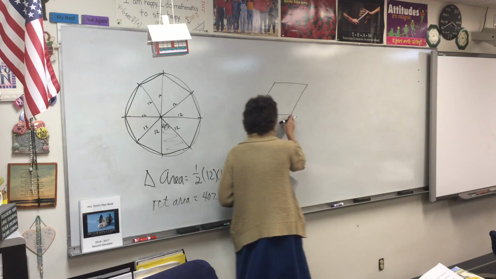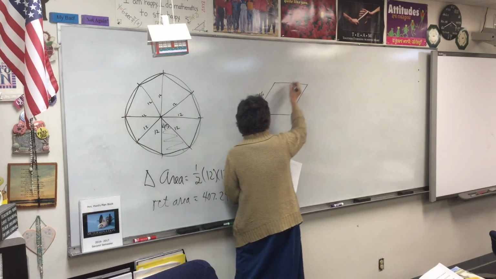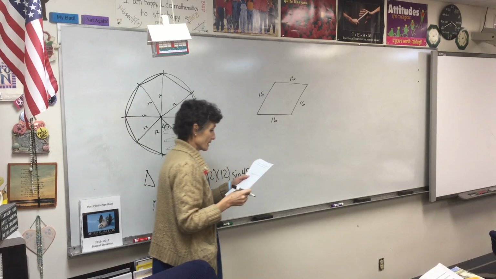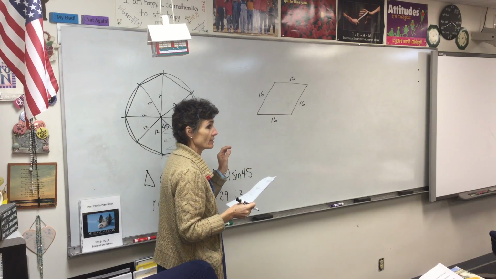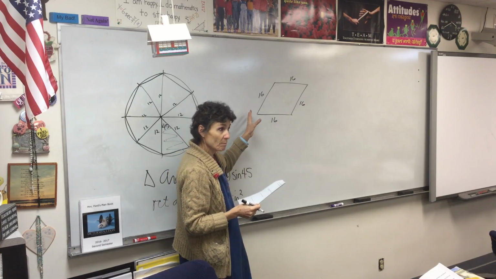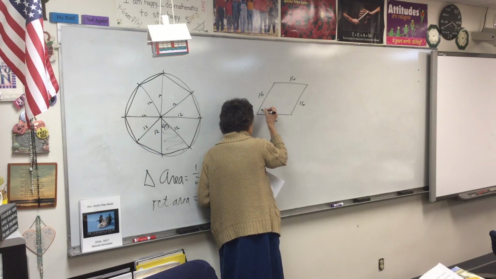This is your rhombus, and all the sides are 16. And the smaller angle is 34. Now, kids, you need to eyeball the picture and recognize you got these 2 angles and this one's smaller.